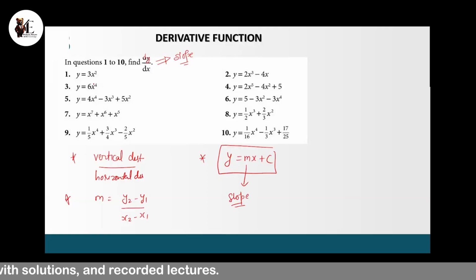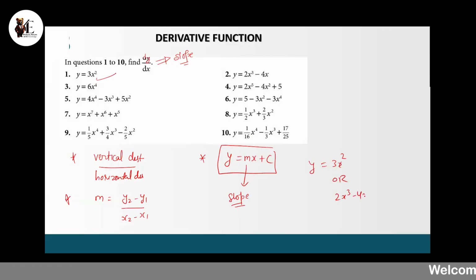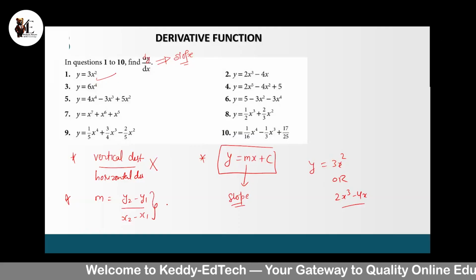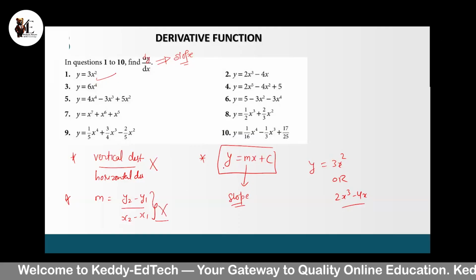But let's say the equation is like this: y equals 3x square, or 2x cube minus 4x. Here vertical distance and horizontal distance are not given, so this formula will not be applicable. The line is passing through 2 points, but coordinates of the 2 points are not given, so this will also not be applicable.